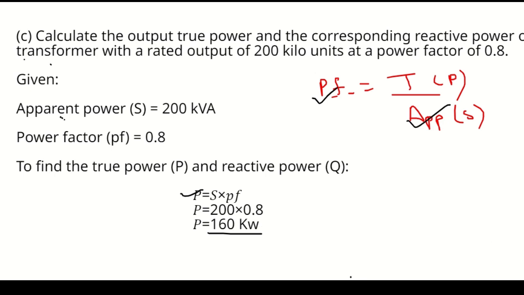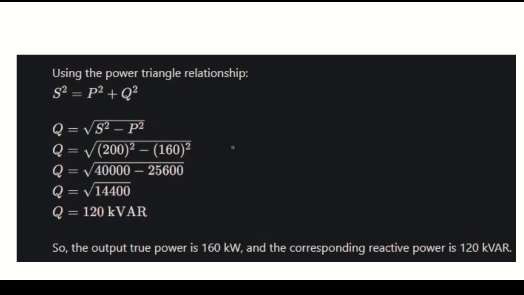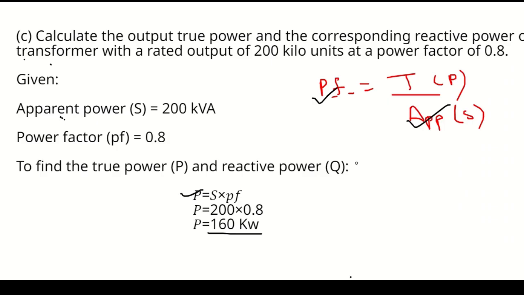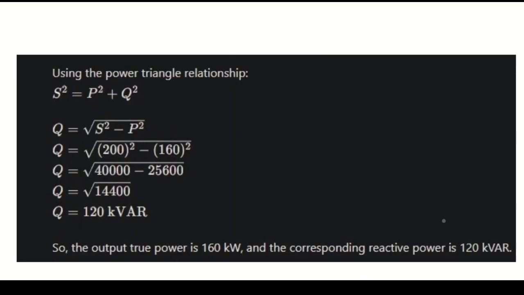Now part C also asks us to find the reactive power. In order for us to find the reactive power, remember the apparent power squared is equal to the real power squared plus the reactive power squared. We want to find the reactive power, so we transpose: Q is equal to the square root of S squared minus P squared.